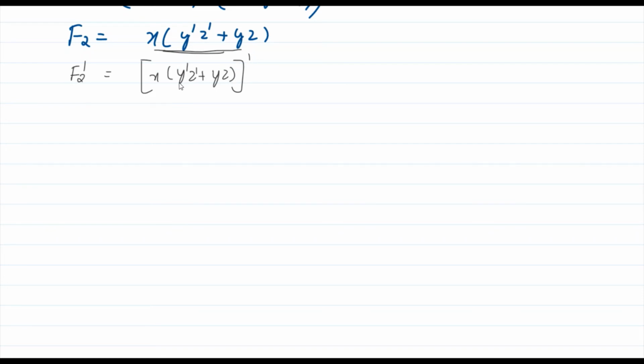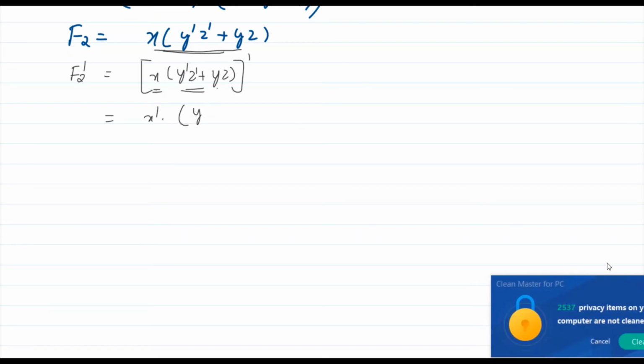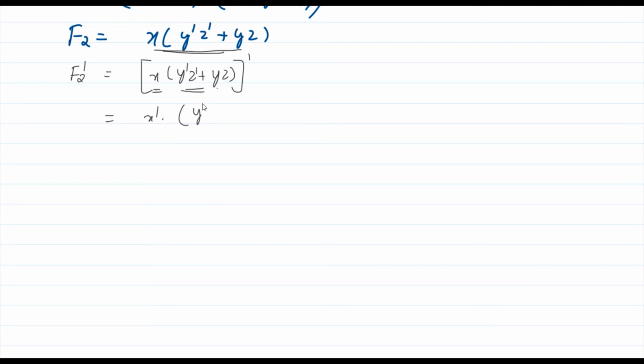Correct? Okay, now you apply De Morgan's theorem for this and this, right? For x dot this whole, so how do I have to write this? That is x prime dot this whole bracket, that is y prime z prime plus yz whole complement. Now apply De Morgan's theorem as many times as possible, wherever necessity is there you have to apply De Morgan's theorem. So x prime is as usual.